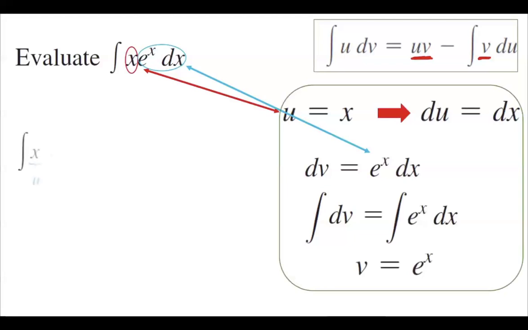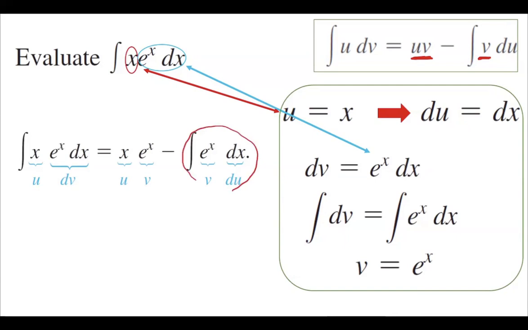So this integral is uv, which is x e to the x, minus the integral of v du. And v is e to the x, du is dx. Please note that this is a familiar integral. We simplified our original integral into something much simpler. This is the goal.